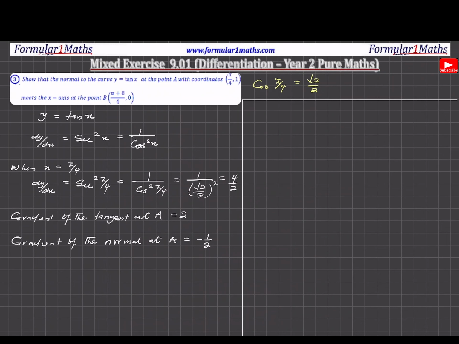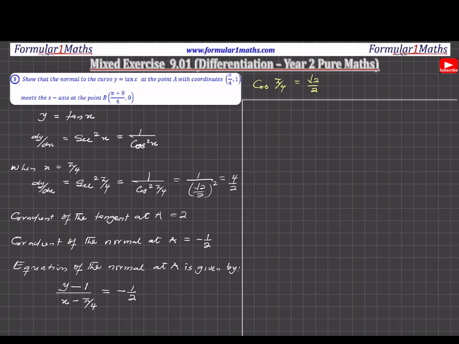Therefore, the equation of the normal at A is given by (y minus 1) over (x minus pi on 4) is equal to the gradient, which is minus 1 over 2.